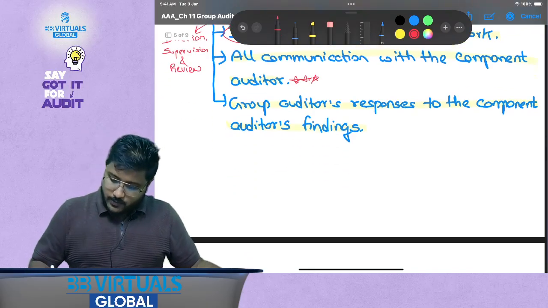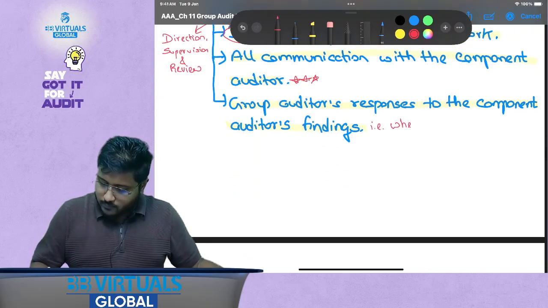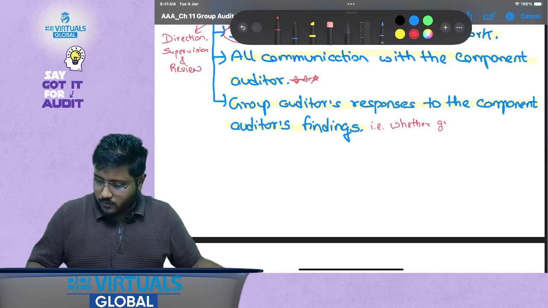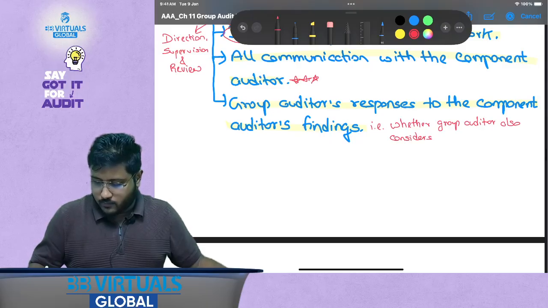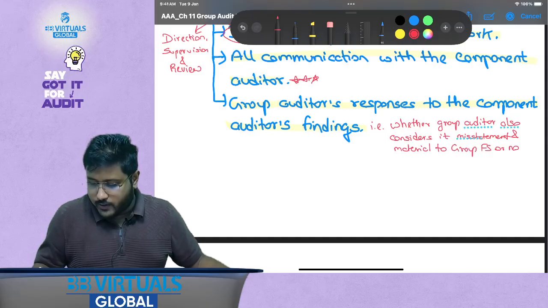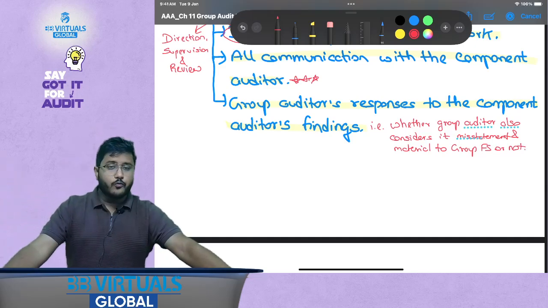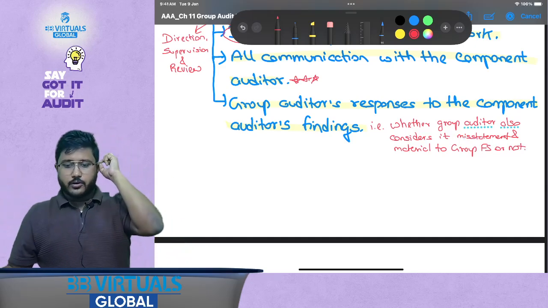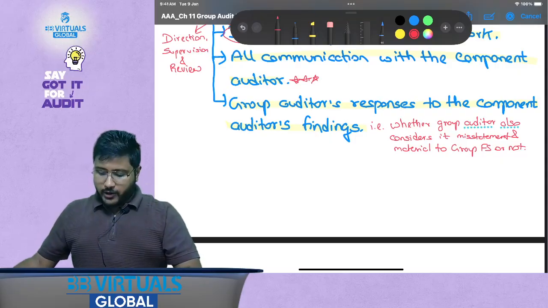That is, whether the group auditor also considers it a misstatement and material to the group FS or not. That is, some error has been identified at the component level. So whether that particular misstatement, that particular error, is considered material for the group auditor as well.